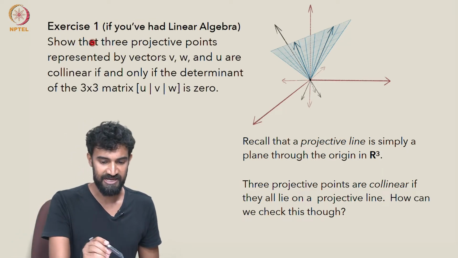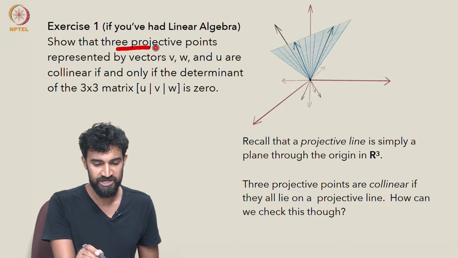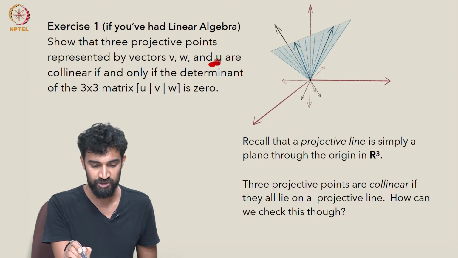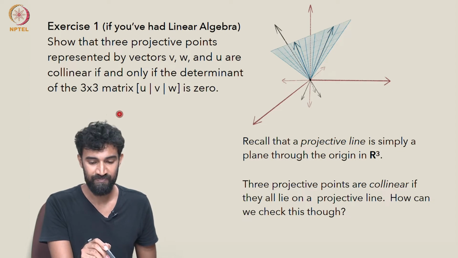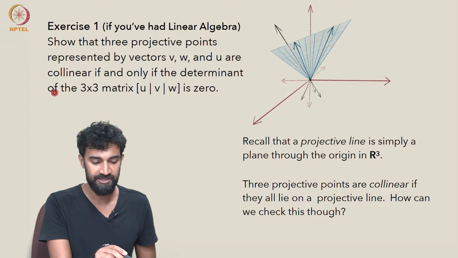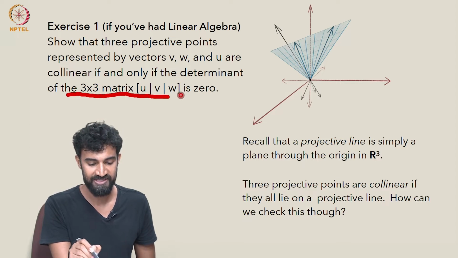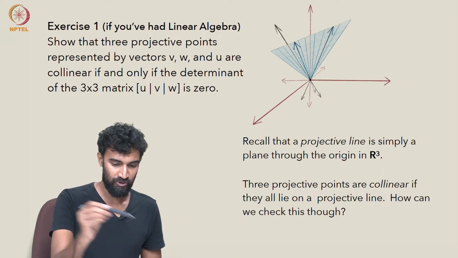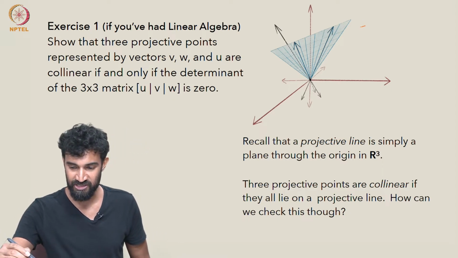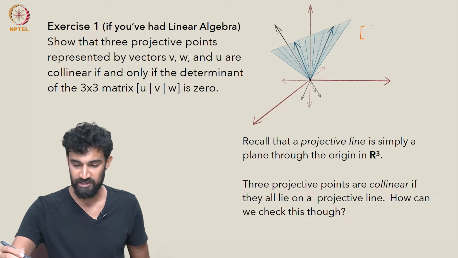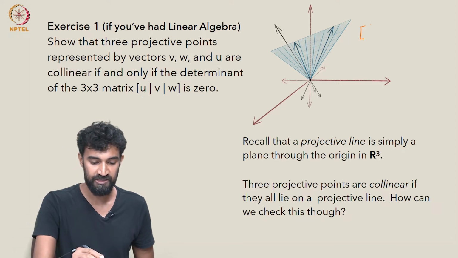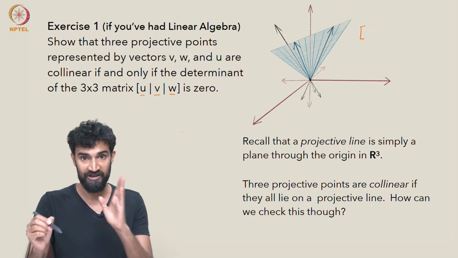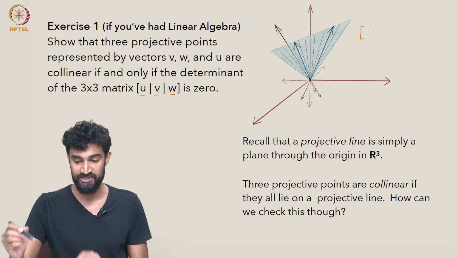Well, here's an exercise. Show that three projective points, represented by vectors v, w, and u, are collinear if and only if the determinant of the 3 by 3 matrix UVW is 0. What do I mean by this notation? I'm saying let U, V, and W be column vectors, and let's form a 3 by 3 matrix using them.